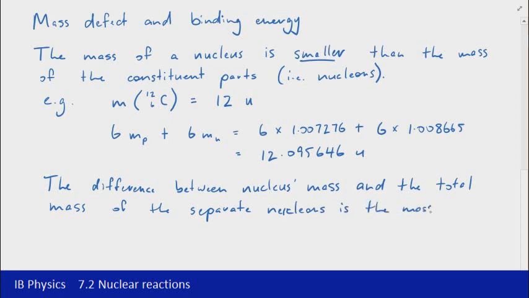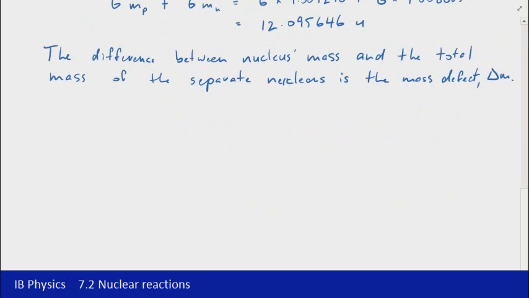And we have a symbol for that. It's fairly straightforward, just being delta M, looking at the change in mass, or the difference in the mass.